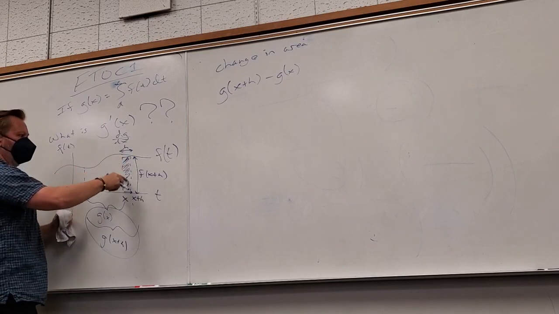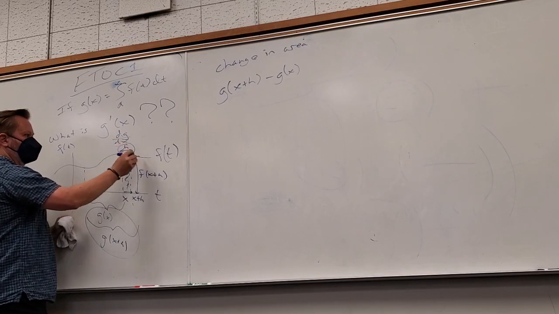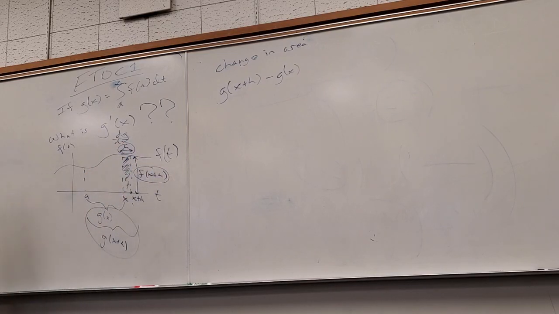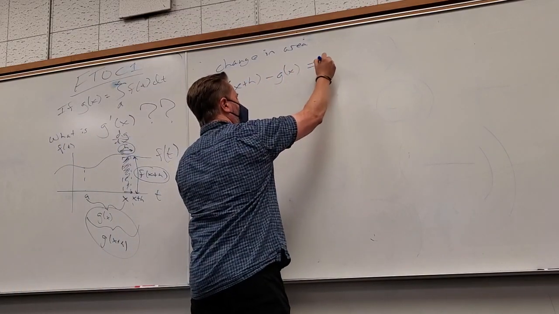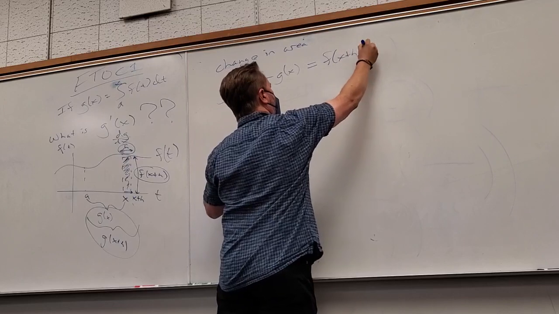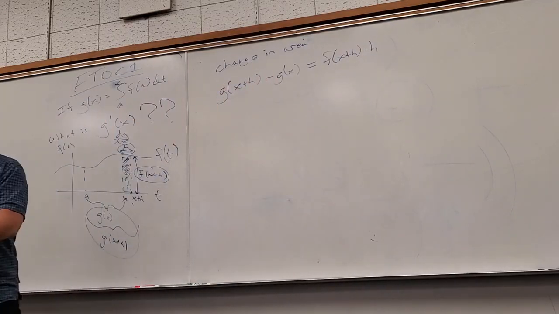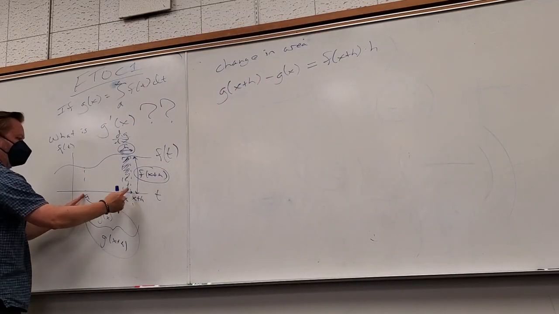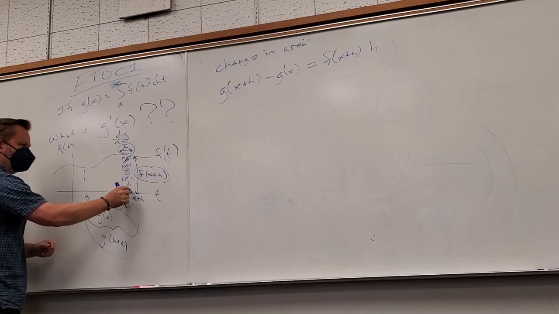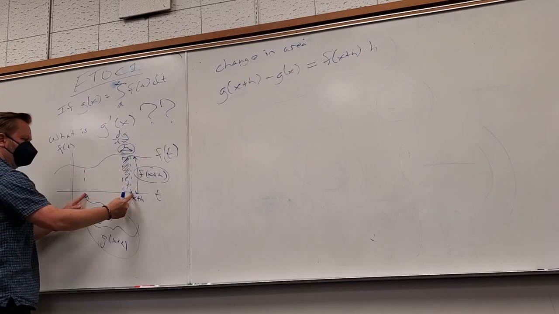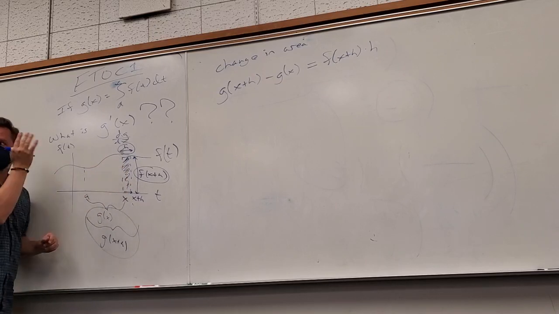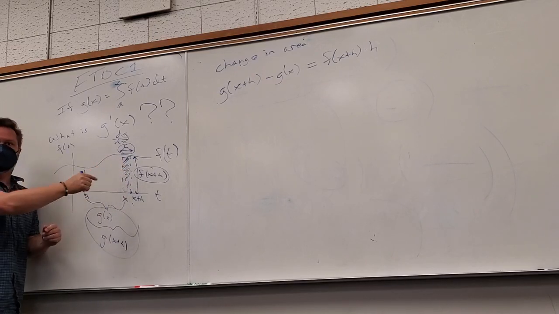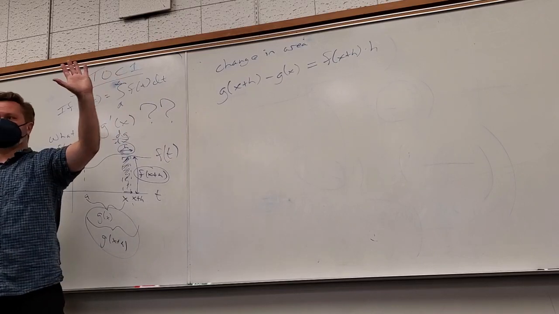And what is the area of this rectangle? Yes, so this has to equal f of x plus h times h. So this minus this leaves me with this, and we can see what this area is. It's just f of x plus h times h.